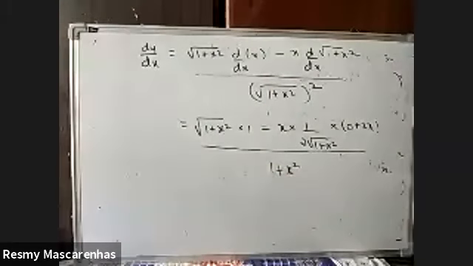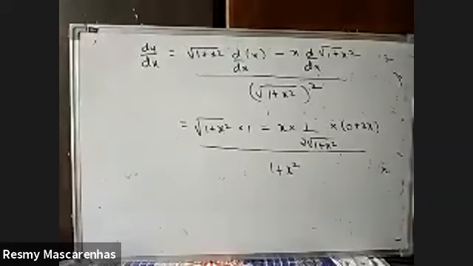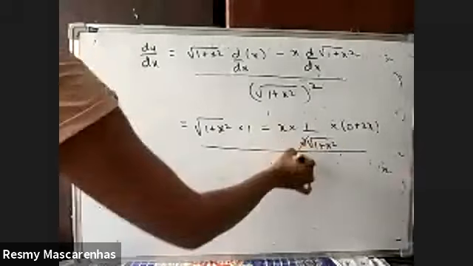This will become 1 plus x square. So 0, 2 and 2 will cancel.